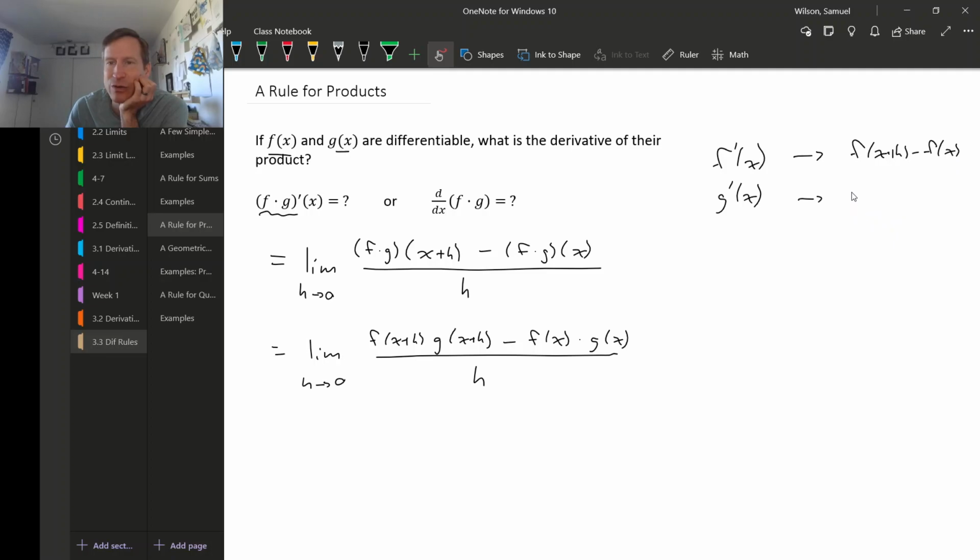And to get g prime to show up, we would have to have g of x plus h minus g of x showing up somewhere. But we just don't have those pieces, right? Everything is multiplied by something else, so it's hard to know how to get these pieces on their own. So it's not really clear how to proceed.